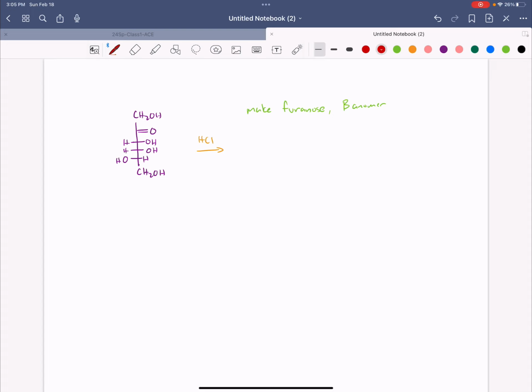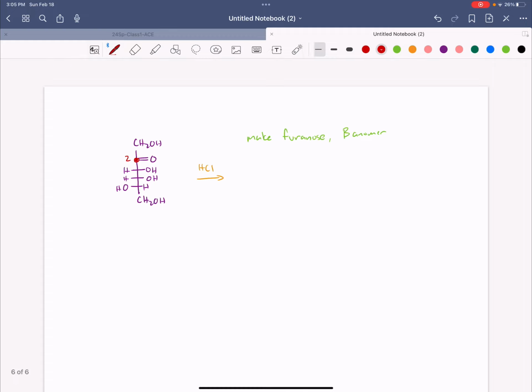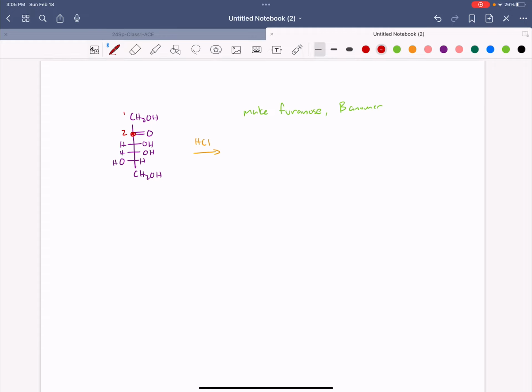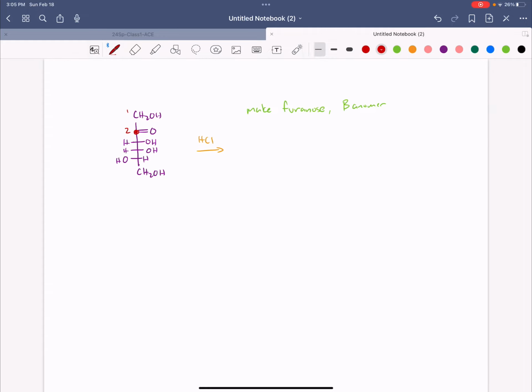If I want to make a 5-membered ring, we're going to attack this dot, which is carbon number 2, and we are going to use this oxygen right here. I think that's 5. Let's count: 1, 2, 3, 4, dot.